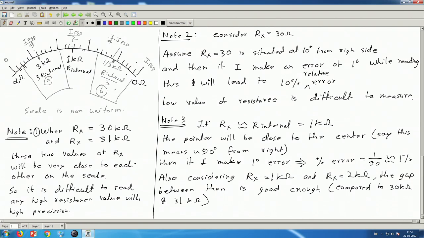So the central part is the most ideal region, the best region where the precision and accuracy of our measurement will be the most. So the conclusion is, the central part of the scale will have the best precision or accuracy.